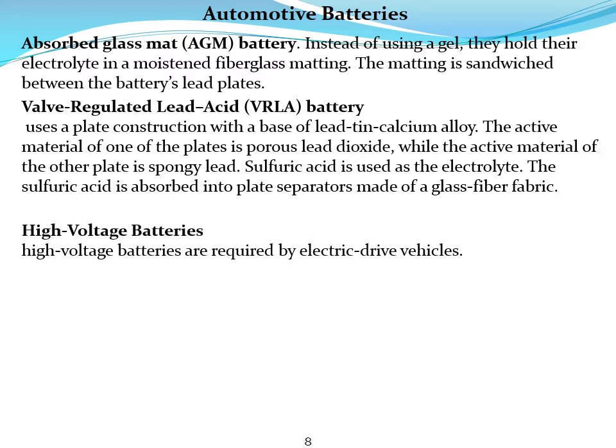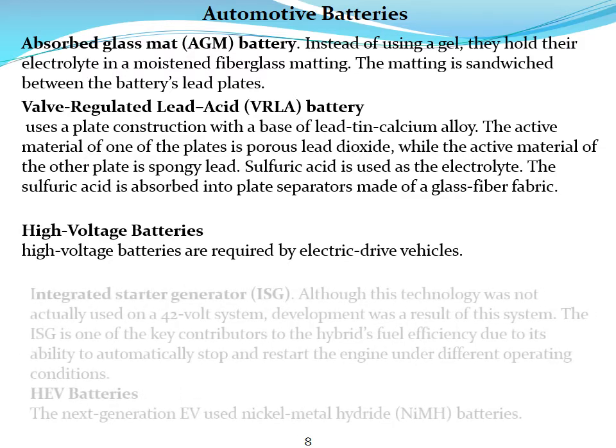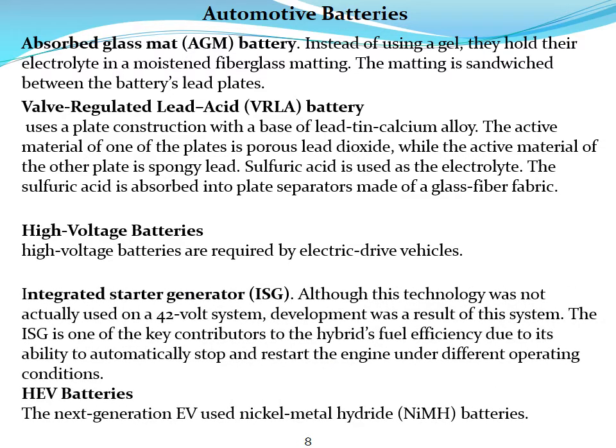High voltage batteries are required by electric drive vehicles. Integrated Starter Generators (ISG). Although this technology was not actually used in a 42-volt system, the 42-volt system is used in high voltage batteries.